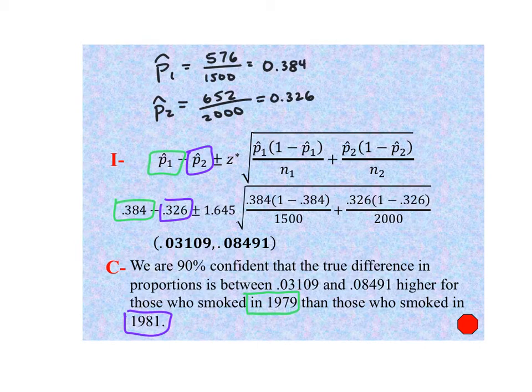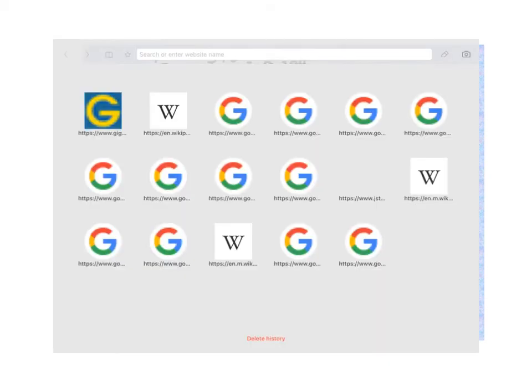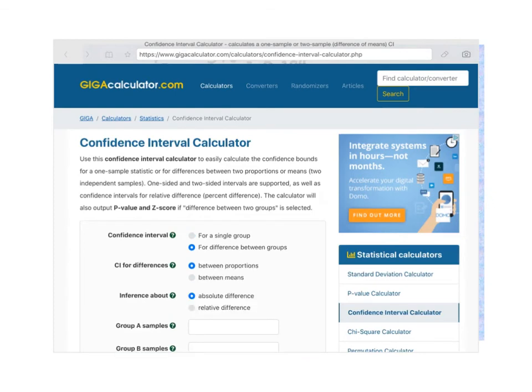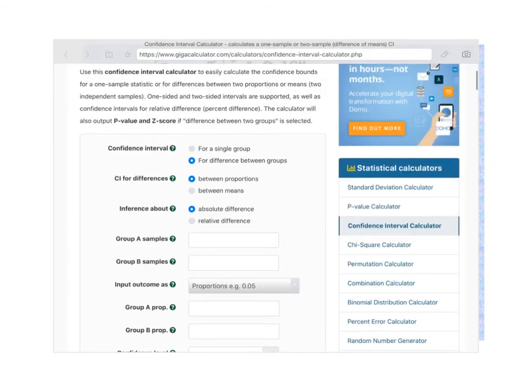Okay, and so let me go back to that website that I showed you guys, and let's see how it would look for two proportions. So I'm going to click here for two groups between two proportions and the absolute difference. I'm going to keep all these bubbles the same, and then let's fill in the rest.